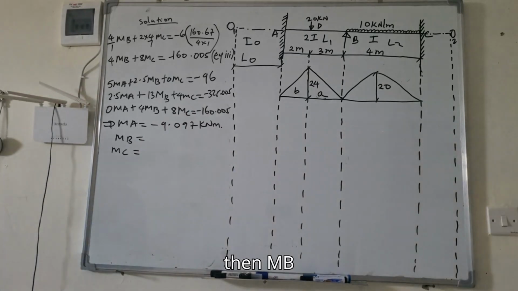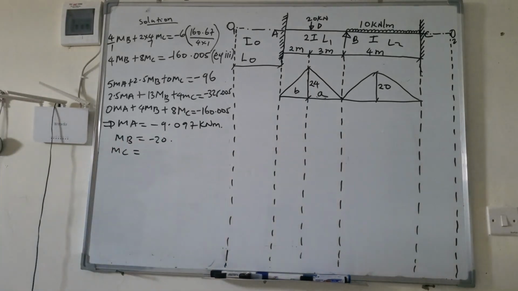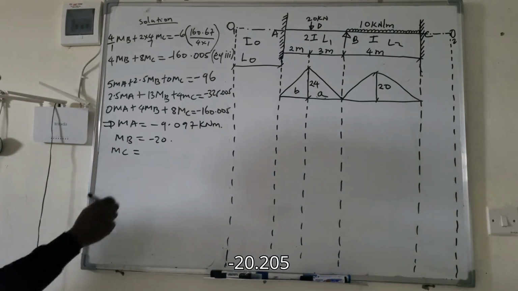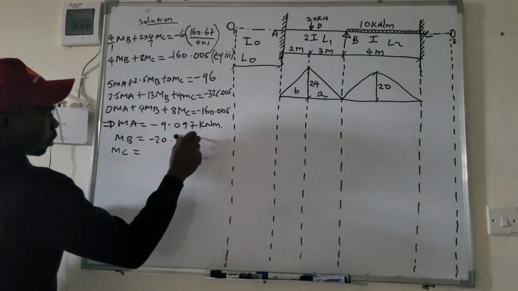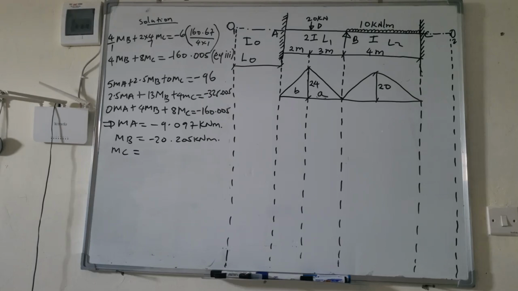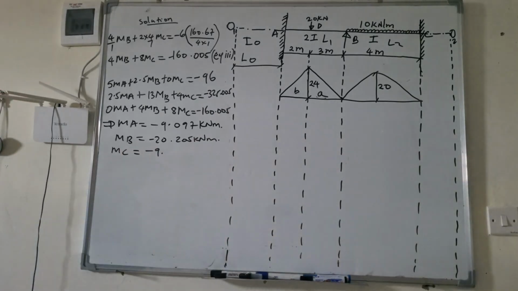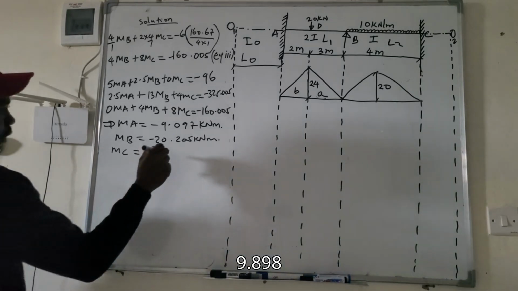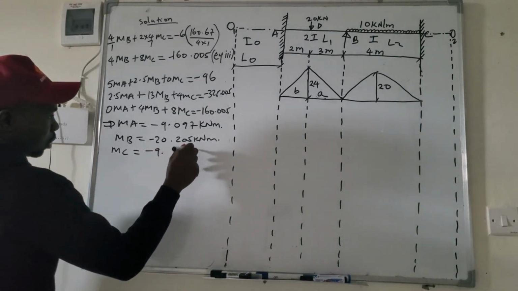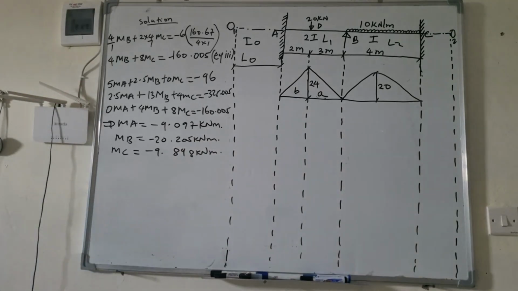And then MB is negative 20.205. Then MC is negative 9.898. Like that.